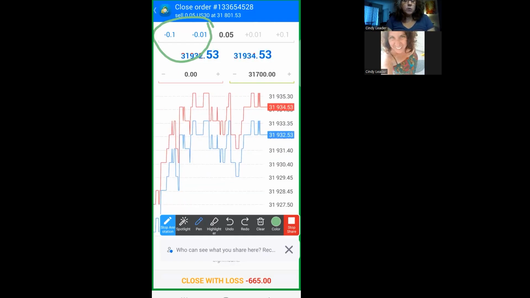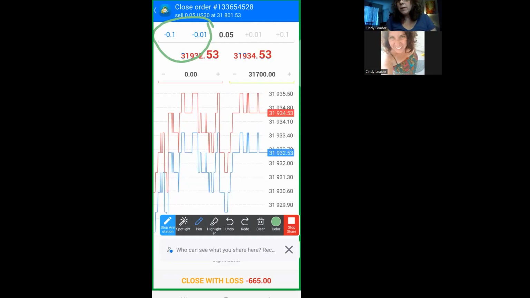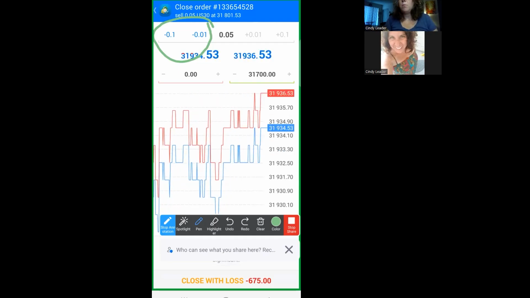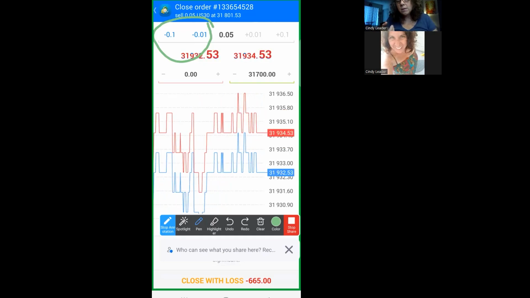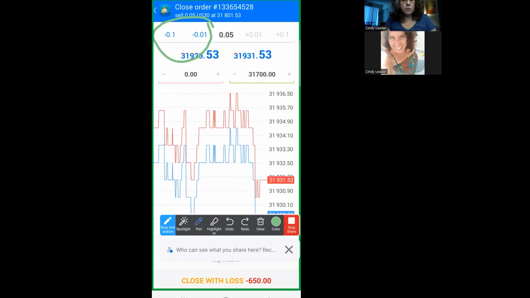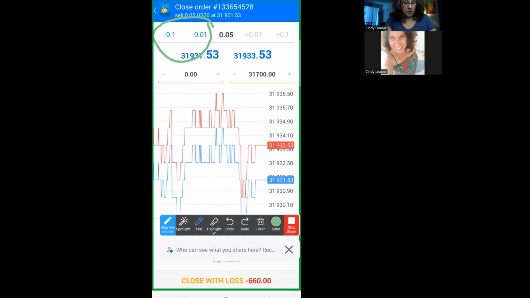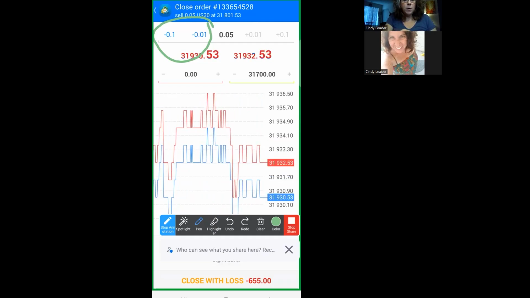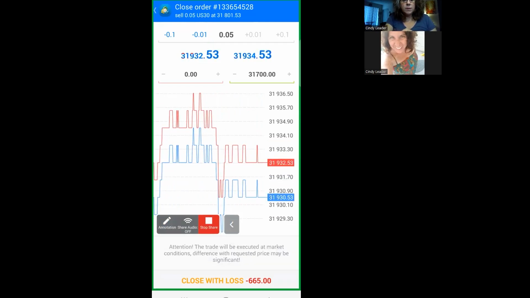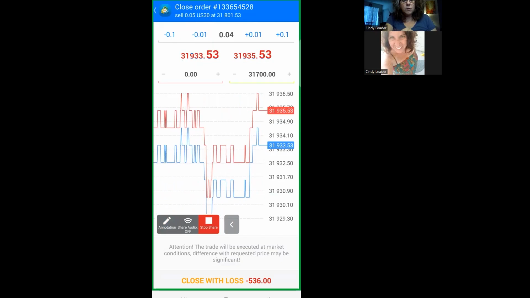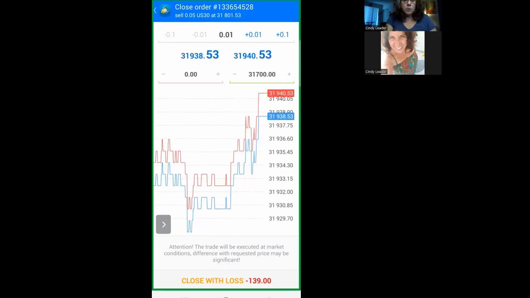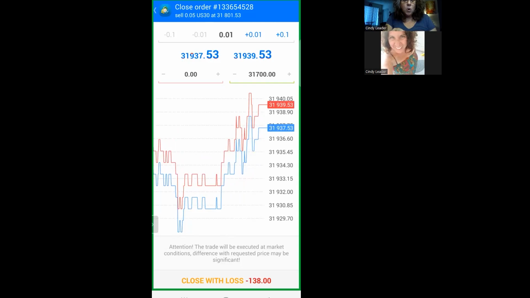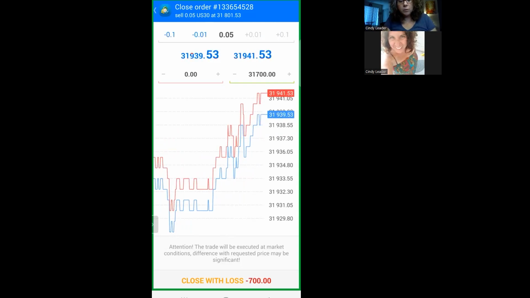So what you're going to do, since this is a 0.05 and you can't take a 0.1, you can't take that amount away from it. It's too big. You can hit the 0.01 button and it will reduce it. It's saying, what part do you want to close?